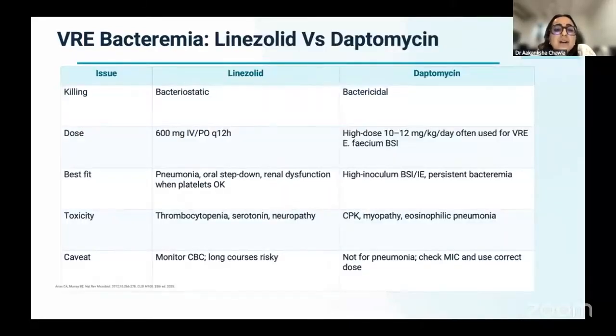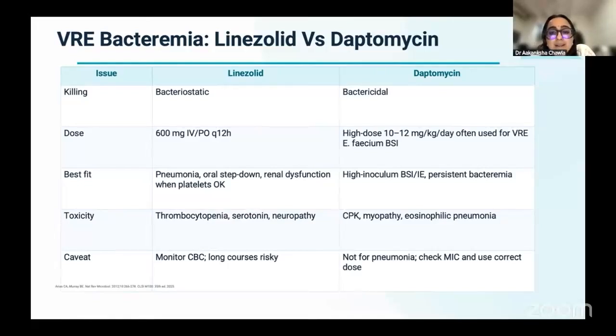A word about VRE bacteremia and linezolid and daptomycin. So we all know that linezolid is a bacteriostatic drug. Dose is 600 twice daily. It is the best drug for pneumonias and great for step down. We just told you about the toxicity profile, so you need to monitor accordingly.